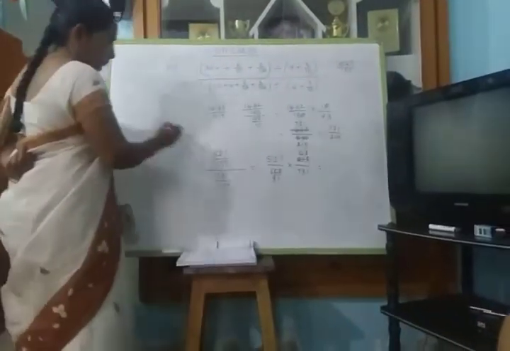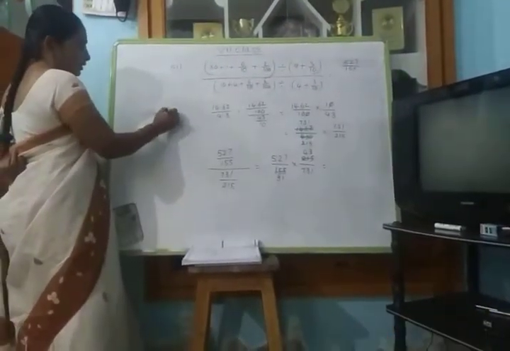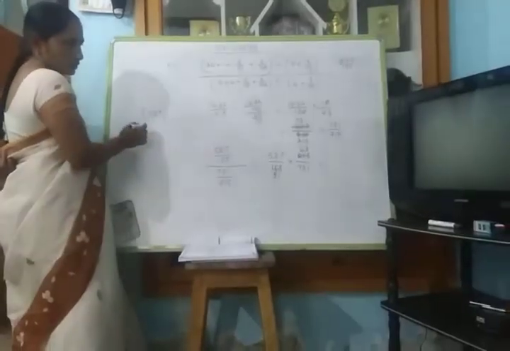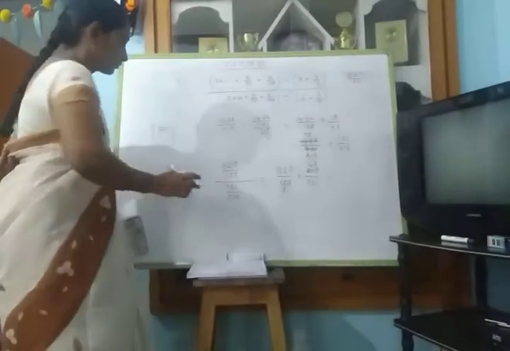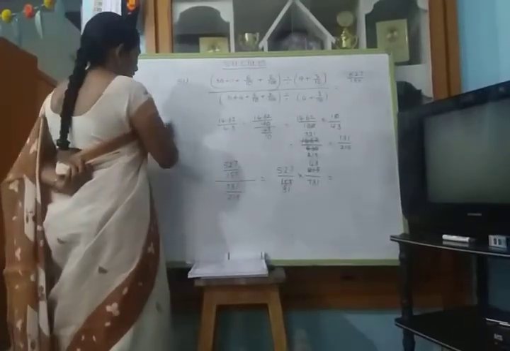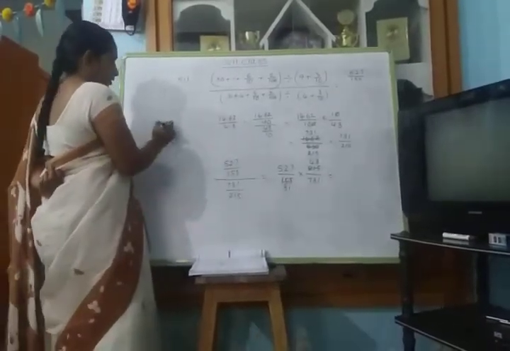See here, 527 divided by 31, what do you get?